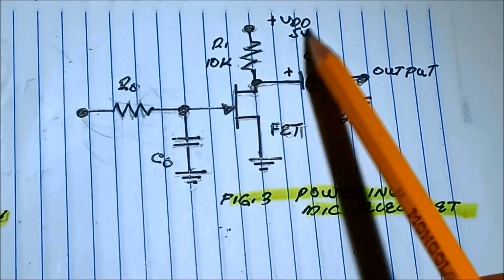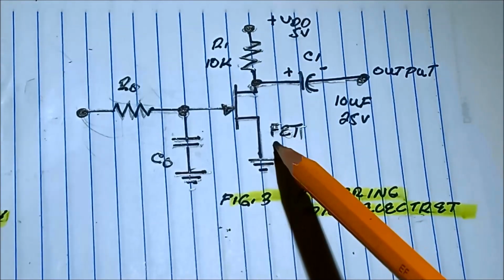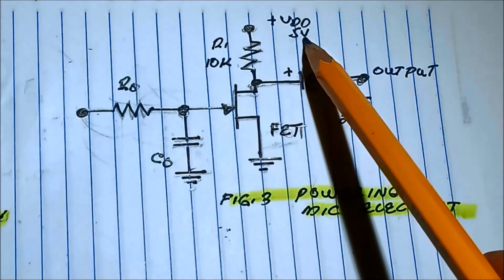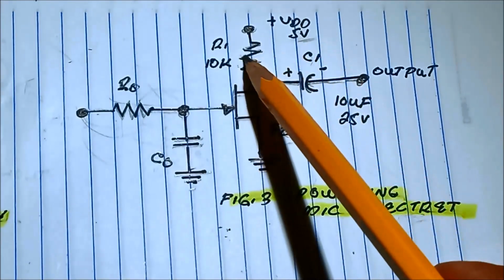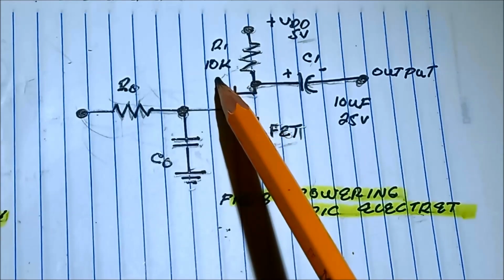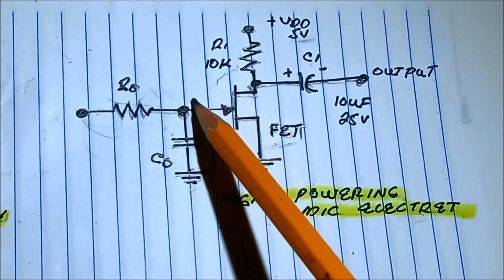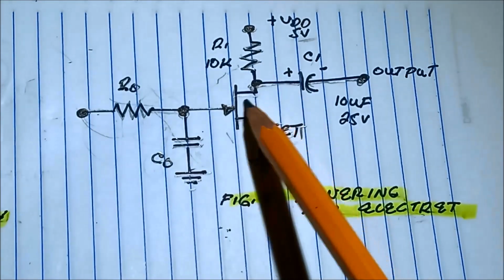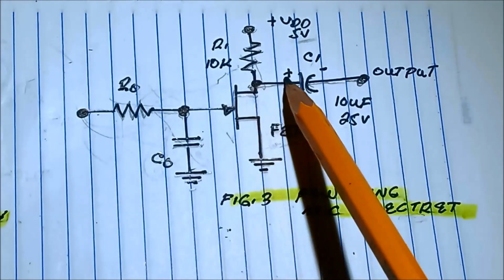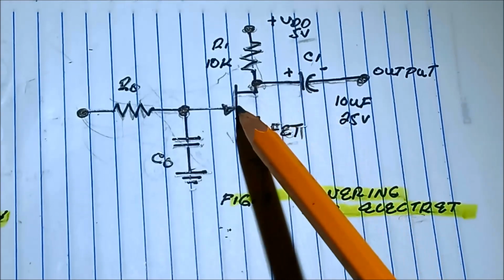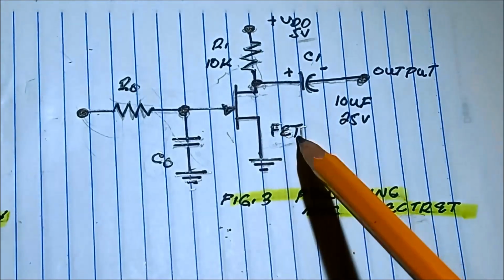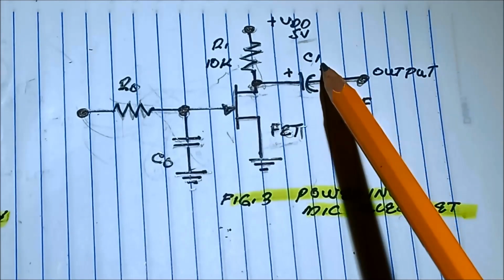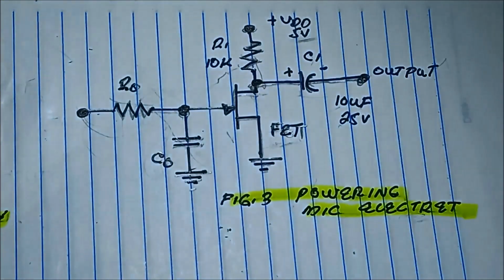We are using a power supply for this type of microphone. To activate this microphone, we need a supply of 5 volts with 10K. And then the output is taken from the drain side of the field effect transistor with a 10 microfarad 25 volts capacitor. That is the output.